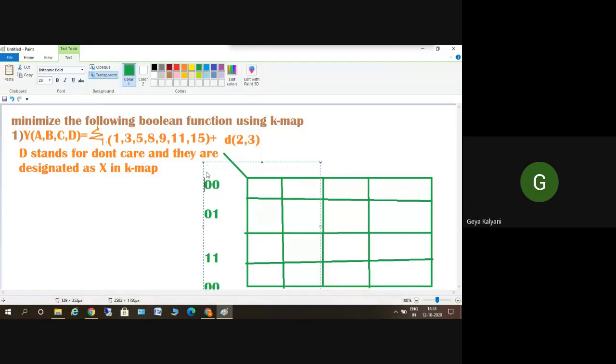Sorry, 1 minute. There is a lot of confusion here, in the sense that drawing the Kmap is difficult in online mode, but I'm managing somehow.